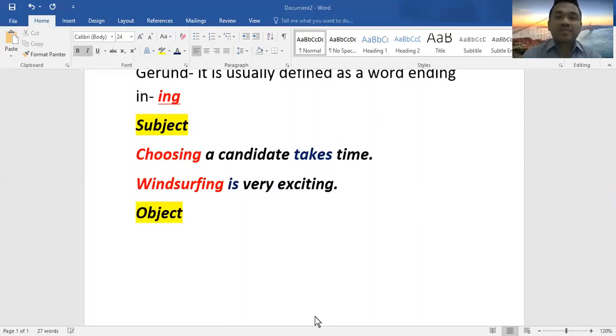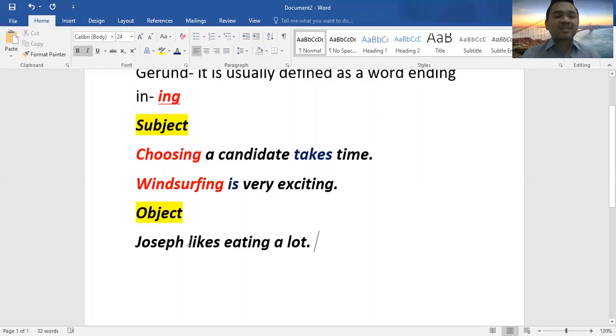A gerund can also be an object of a sentence. For example, Joseph likes eating a lot. So what is the gerund here? Can you spot the gerund? Eating. So the gerund here is eating.